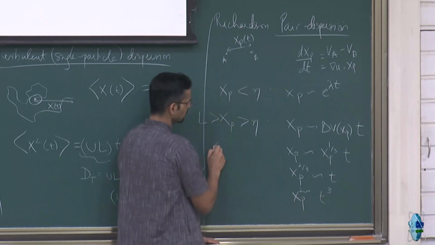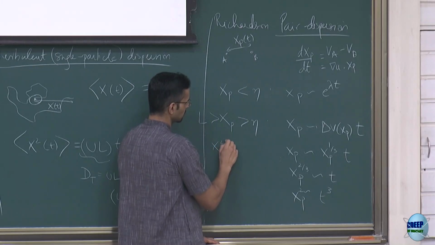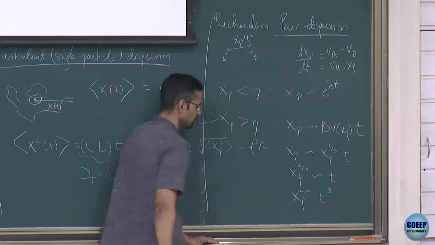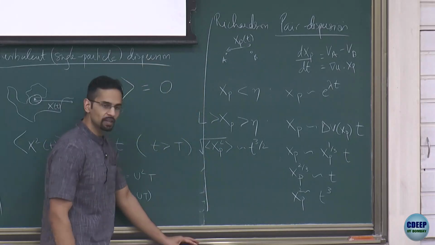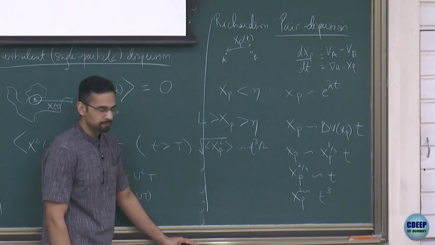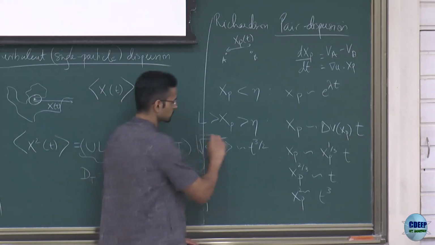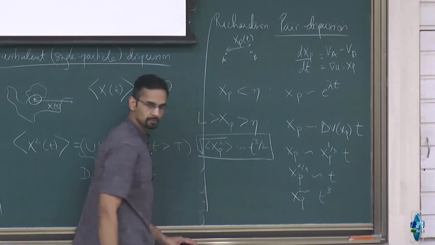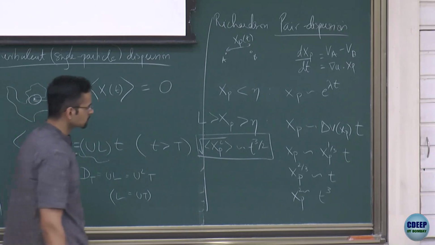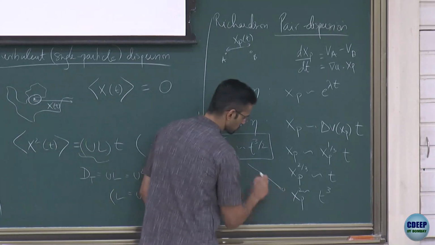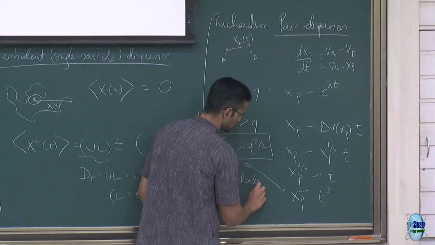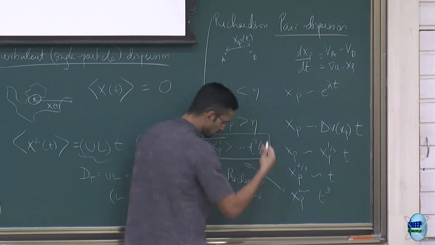So in this thing I will get the root mean square goes like t to the 3 by 2, or the mean square displacement will go like t cube. Okay, this is called Richardson dispersion, or Richardson's dispersion law, it's also called.